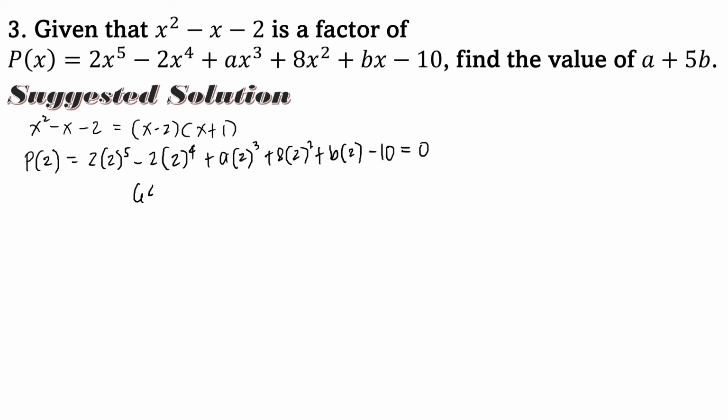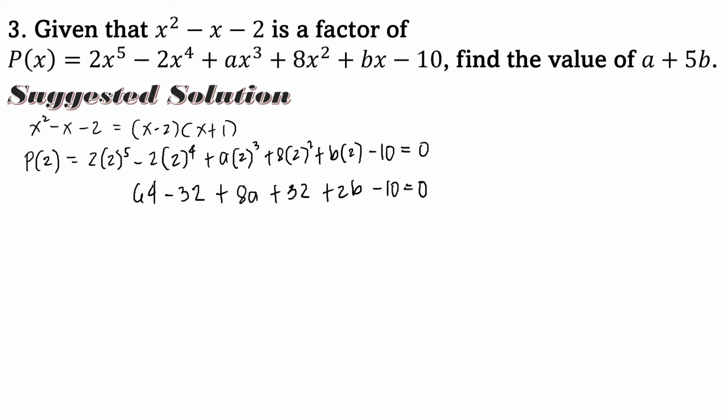Ito ay 64. 2 times 2 raised to the 4th power ay 32. And then, meron tayong a times 2 cubed, 8a. 8 times 2 squared, 32. b times 2 is 2b. And then, minus 10 equals 0.